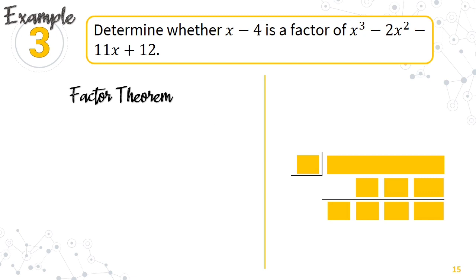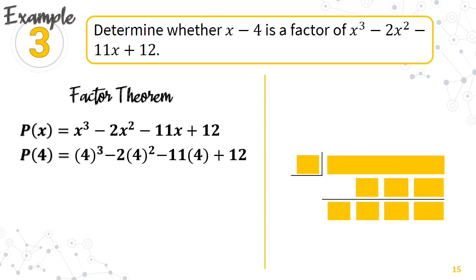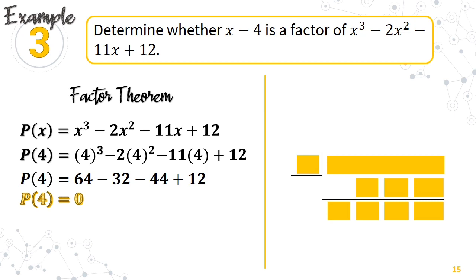Starting with p of x equals x cubed minus 2x squared minus 11x plus 12, and substituting 4 to x, we have p of 4 is equal to 4 cubed minus 2 times 4 squared minus 11 times 4 plus 12. And simplifying, we will have p of 4 is equal to 64 minus 32 minus 44 plus 12. And we have p of 4 equals 0.